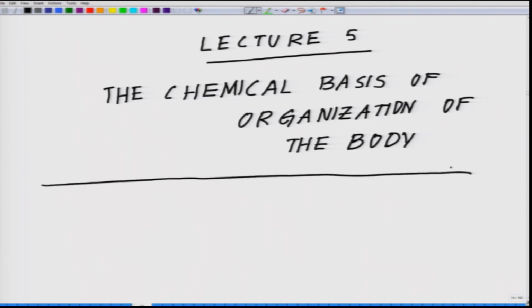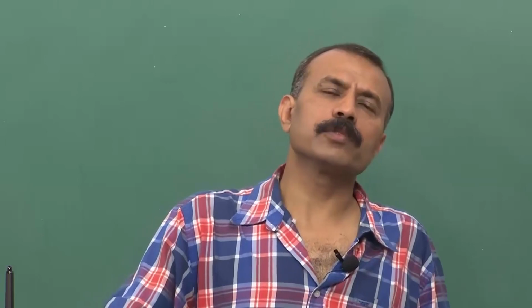If you look at it, we all are made up of atoms and molecules, and nature has picked up very simple atoms to design us. It has picked up carbon, nitrogen, hydrogen, oxygen. Apart from it, it has picked up a few other transition metals like iron, cobalt, manganese, molybdenum, but in a very small amount.